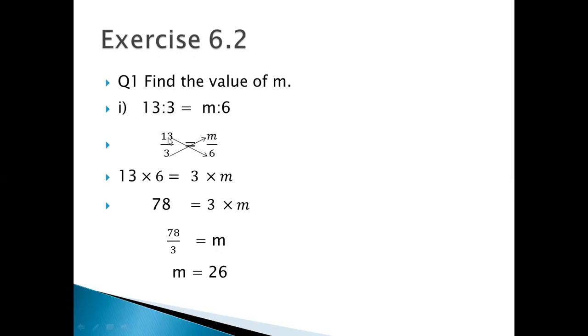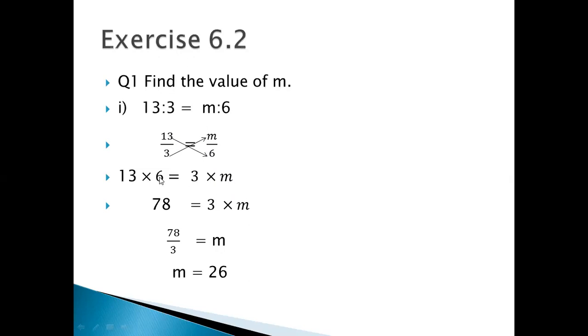Cross multiplication means the first fraction's numerator multiplied with the second fraction's denominator, equals the first fraction's denominator multiplied with the second fraction's numerator. So 13 multiplied by 6 equals 3 multiplied by m. You are going to find the value of m.